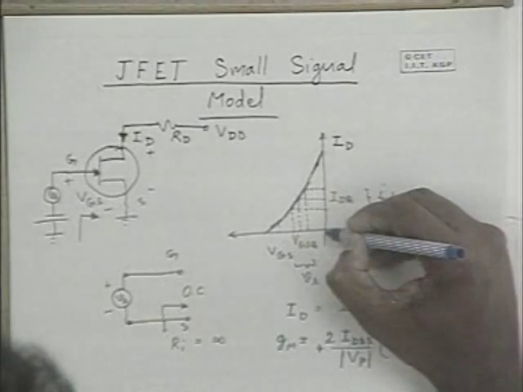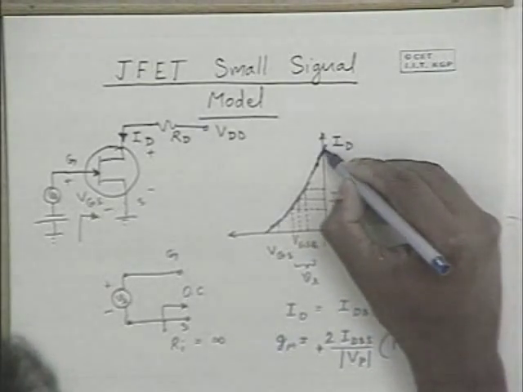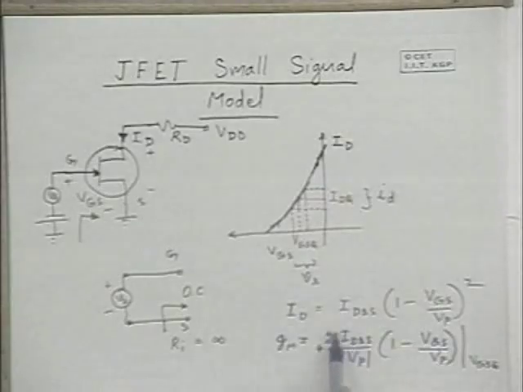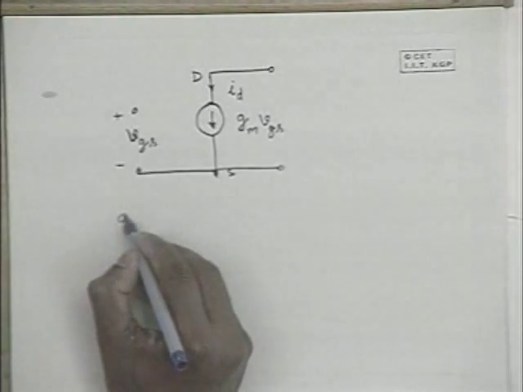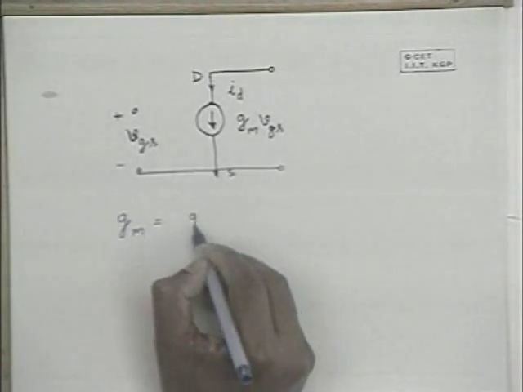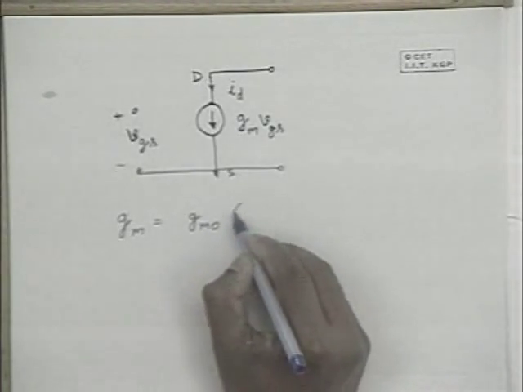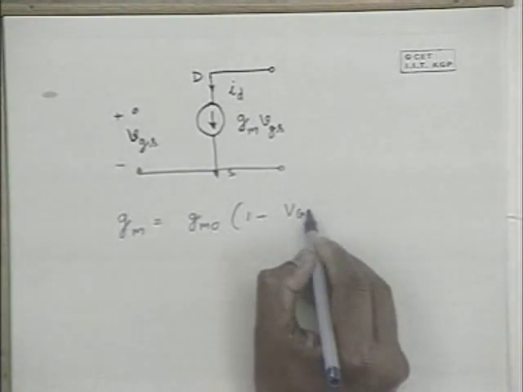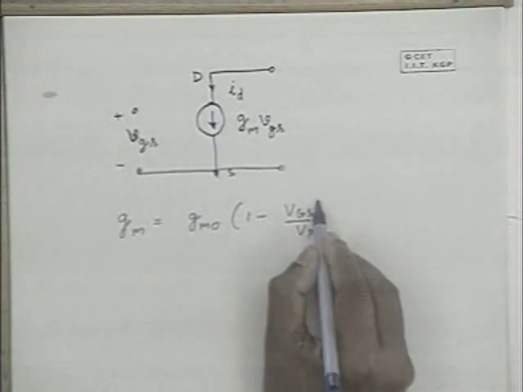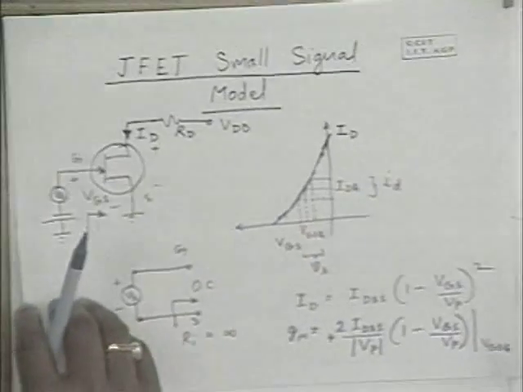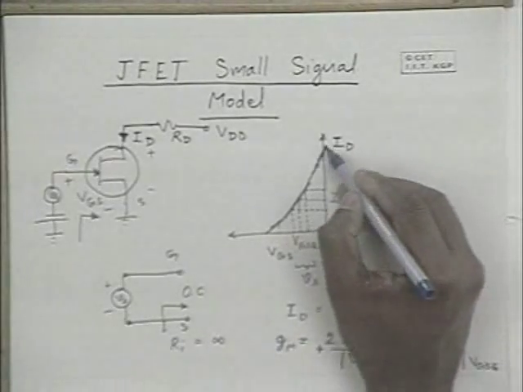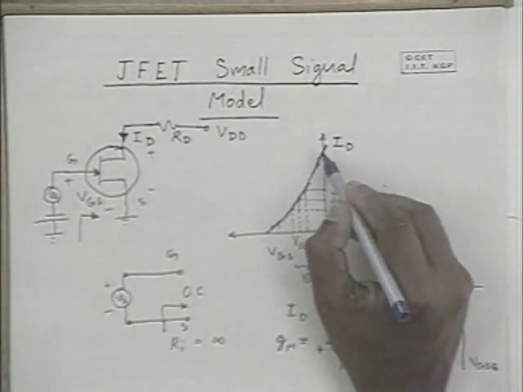Now, if you treat the slope at this point, at zero current, as gm0, this equation becomes gm is equal to gm0 into (1 minus VGS by VP), where gm0 is the conductance at this point, the slope of this curve at this point.